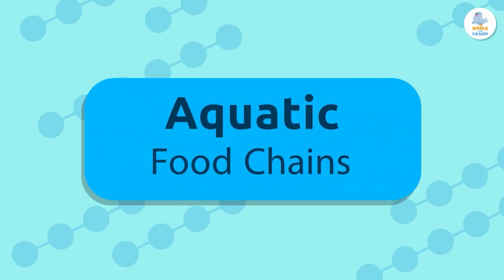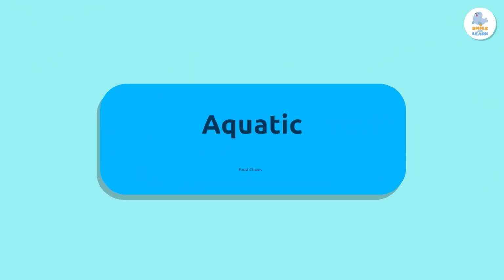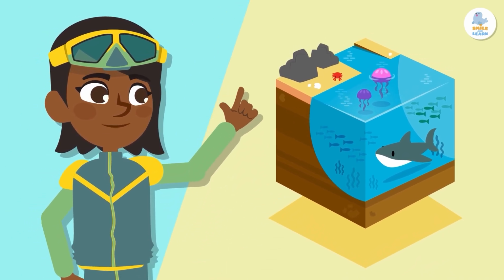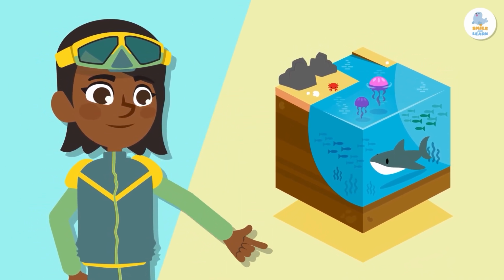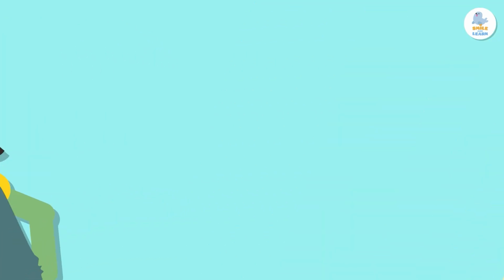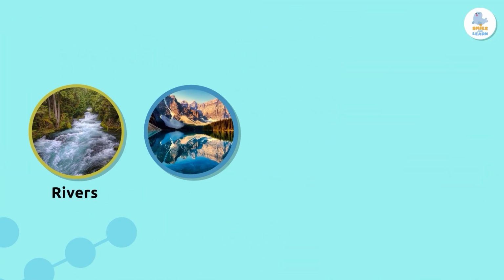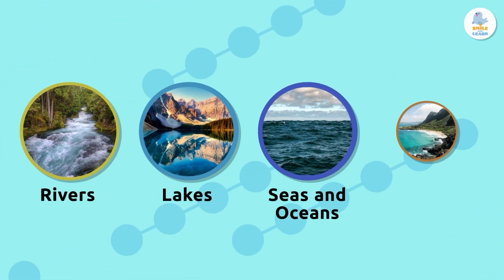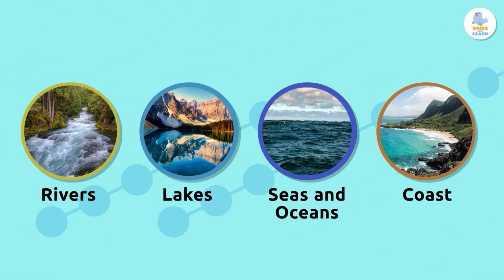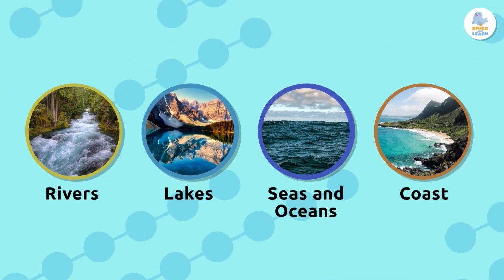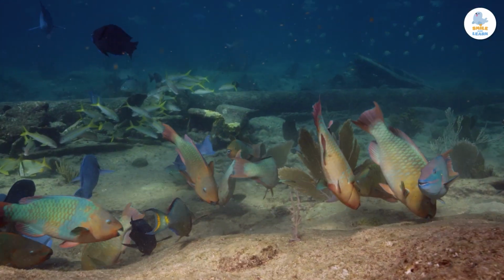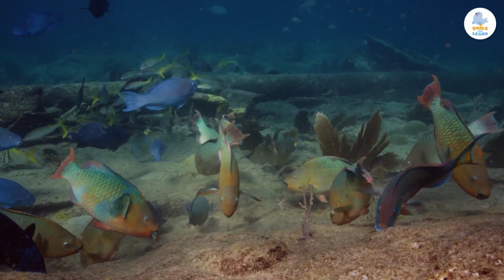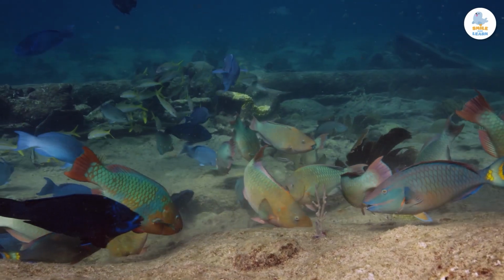Aquatic food chains. Aquatic food chains occur both in and near water. They happen in rivers, lakes, seas, and oceans, but also along the coast. The living things that make up aquatic food chains get their food from aquatic habitats.